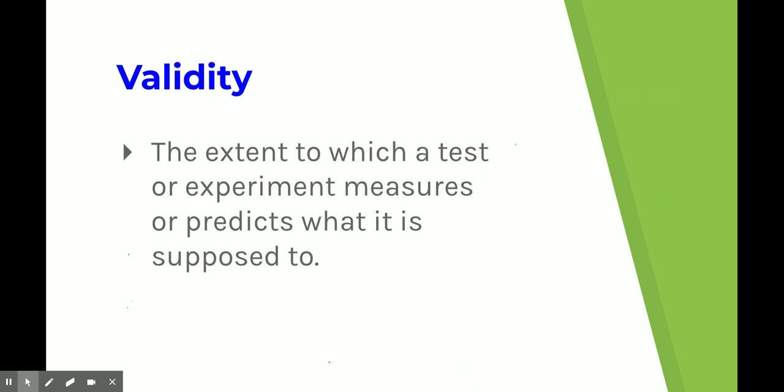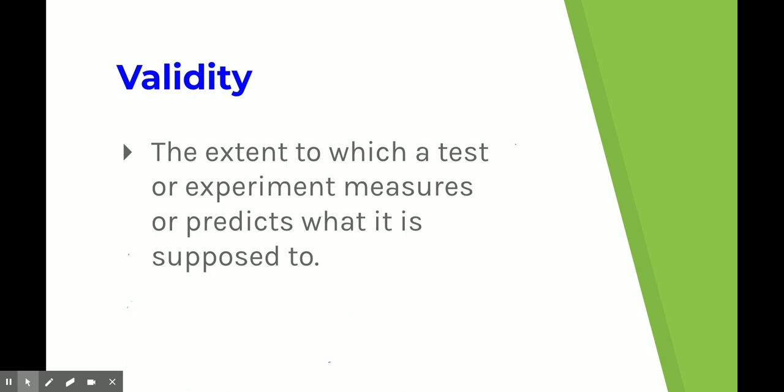The last actual slide, and then I'm going to give you a little bit of practice, okay, is this idea of validity. We'll be talking about this again when we get to our intelligence unit, so this is a little introduction. But validity means the extent to which a test or experiment measures or predicts what it is supposed to. So if an experiment or research is valid, it means it actually tests or measures what it is supposed to test.